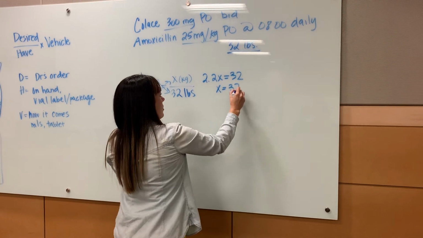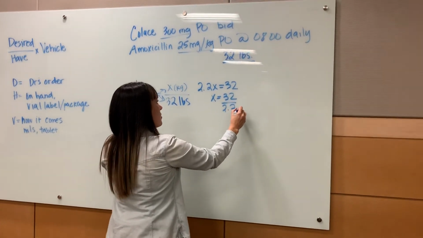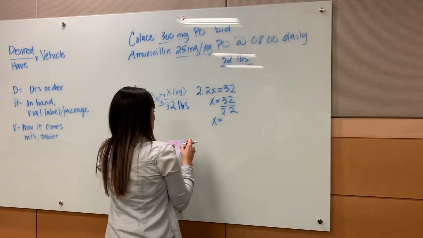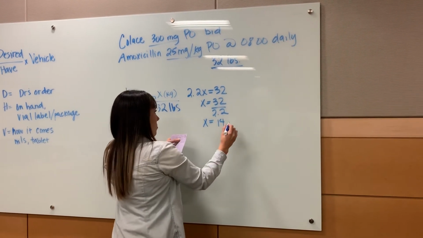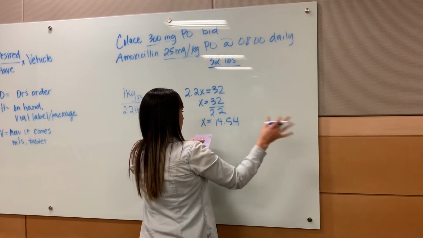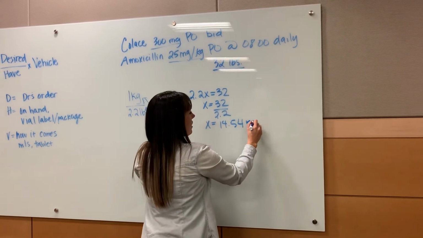X equals 32 divided by 2.2, and X equals 14.54, and it keeps going. And so that's the kilograms.